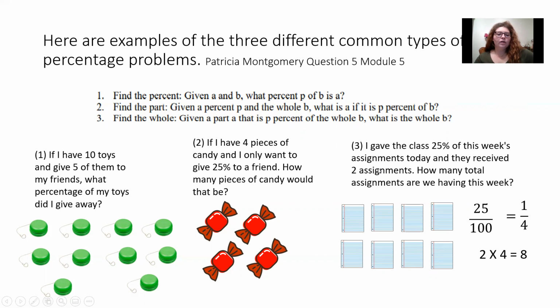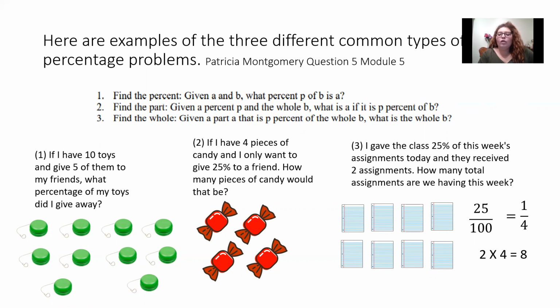And then for this last one, it says find the whole given a part A that is P% of whole B. What is the whole B? So if I gave the class 25% of this week's assignments today, and they received 2 assignments, how many total assignments are we having this week? So to do that, I need to figure out what my fraction of 25% is.